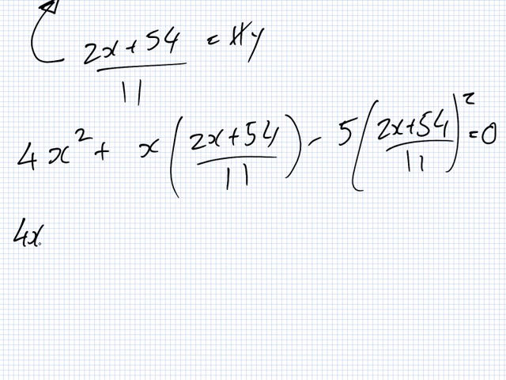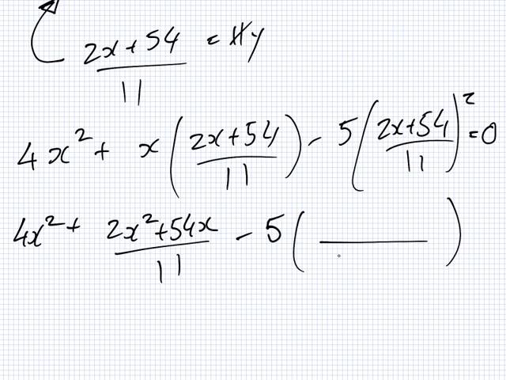That's 4x squared plus 2x squared plus 54x over 11 minus 5, and that's all over 121, 4x squared plus 216x.